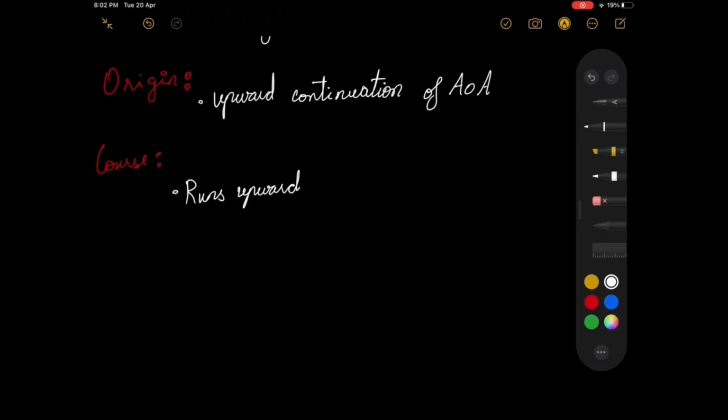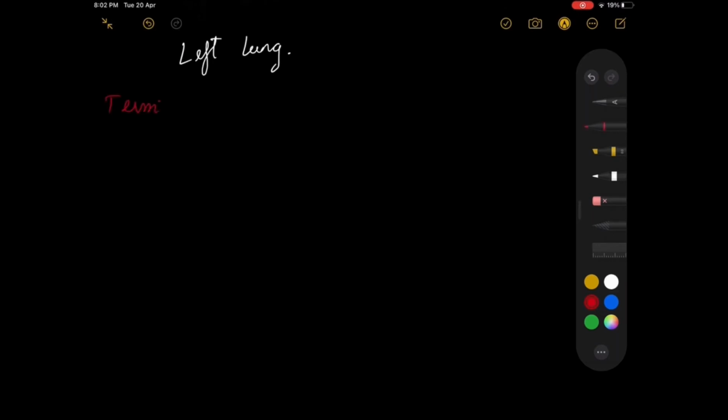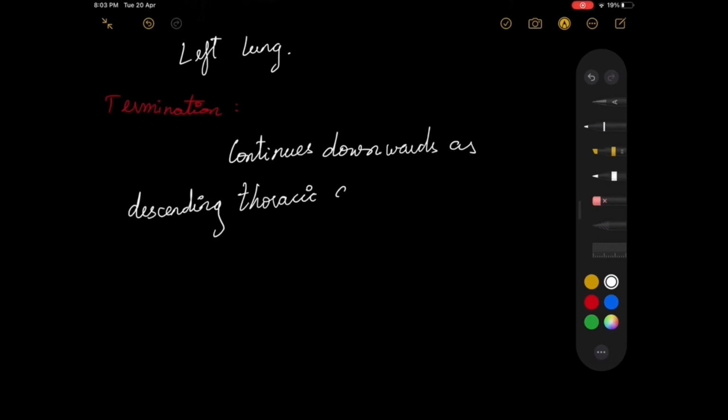And now to the course, it runs upwards, backwards and towards the left side, arches over the hilum of the left lung, and then on the termination, it continues downwards as the descending thoracic aorta at the same sternal angle.